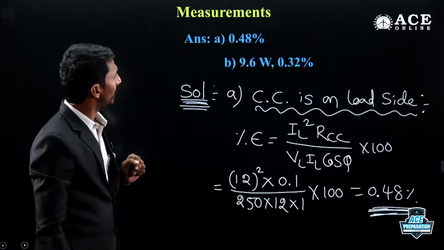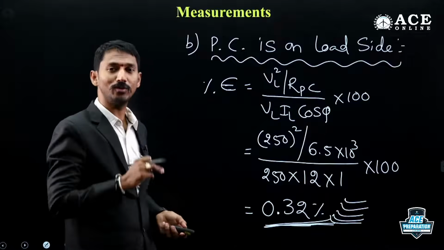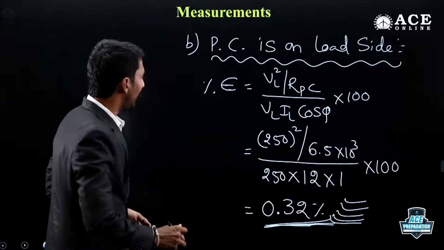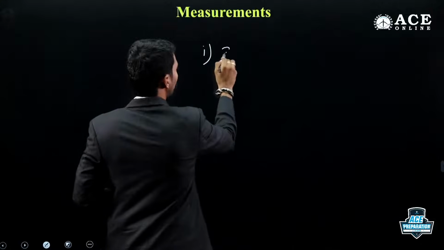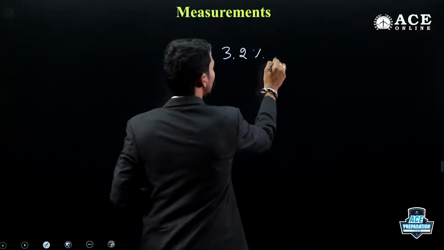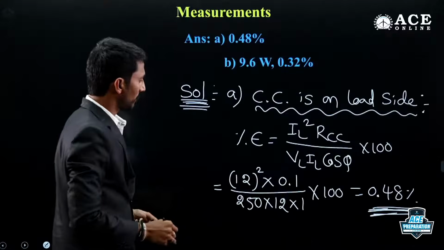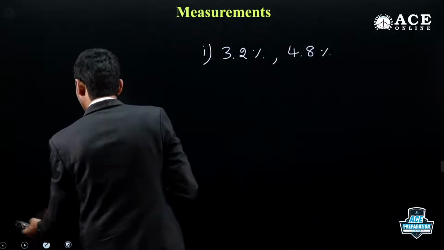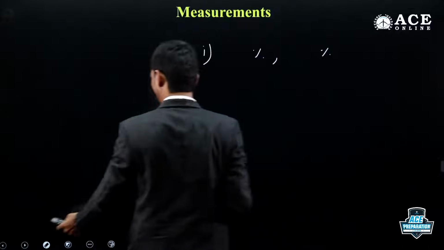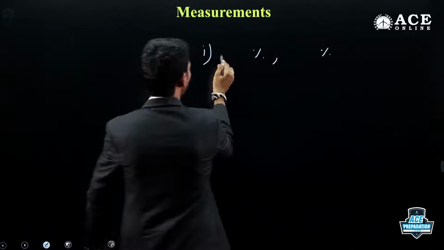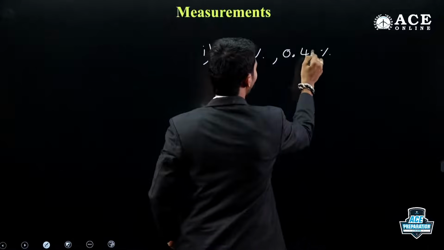But people are getting confused, saying, sir, this question is very simple. Yes, I am coming to that. In the options, they may be giving like this: first option, 0.32%, comma, 0.48%.